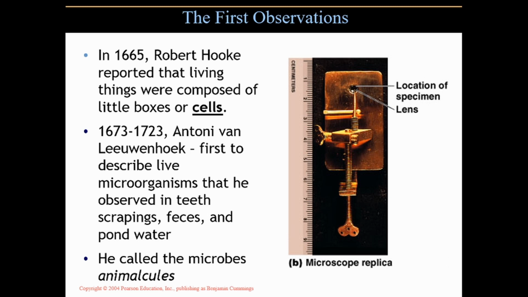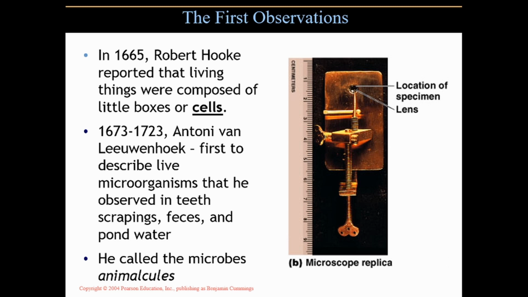The term cell was used to name the rooms that monks resided in. And so they stayed in these cells, and you think of cells in a jail, cells in a monastery, and so they reminded Hooke of what he saw in a monastery, the rooms that monks resided in, and so then he called them cells.